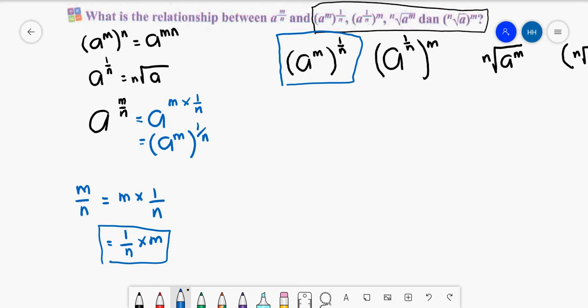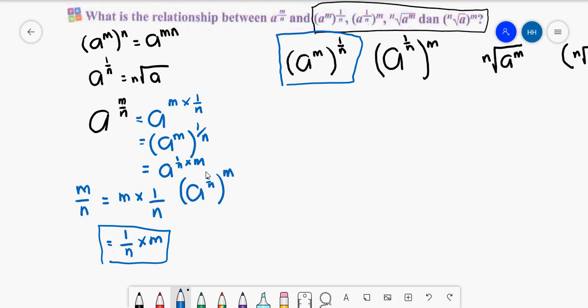And look at this. We can write a to the power of m over n as a to the power of 1 over n times m. So this is equal to a to the power of 1 over n inside the bracket, and m we put outside the bracket. Because this is multiplication, 1 over n times m, we can write it in this form.